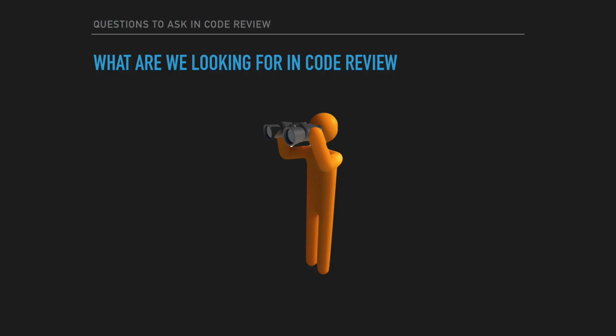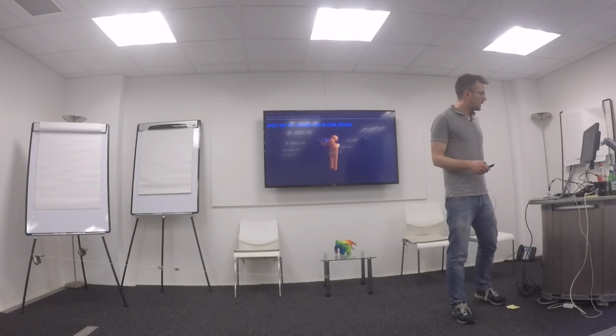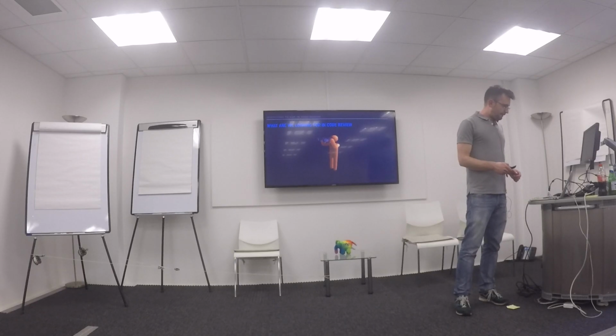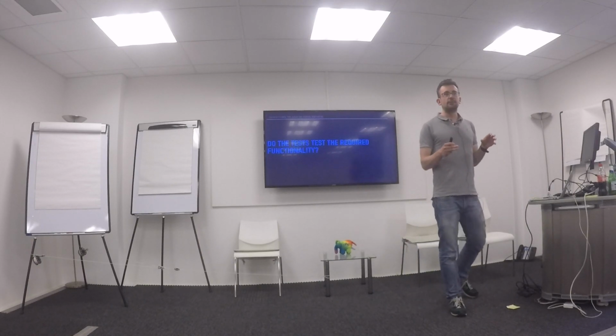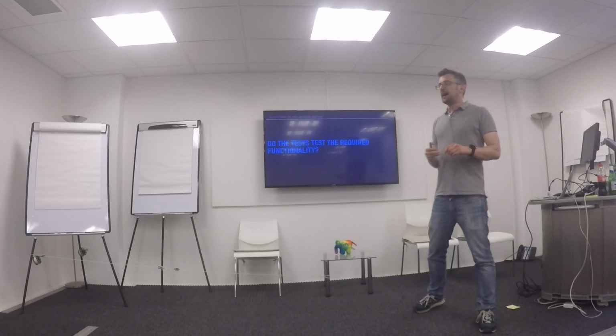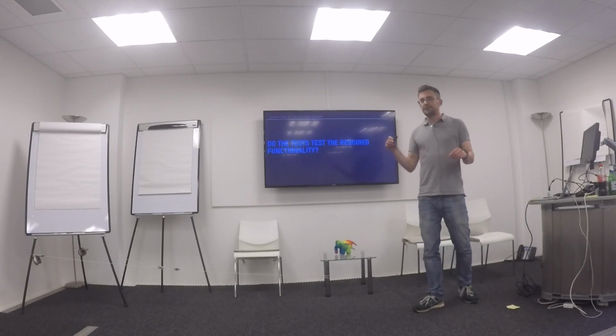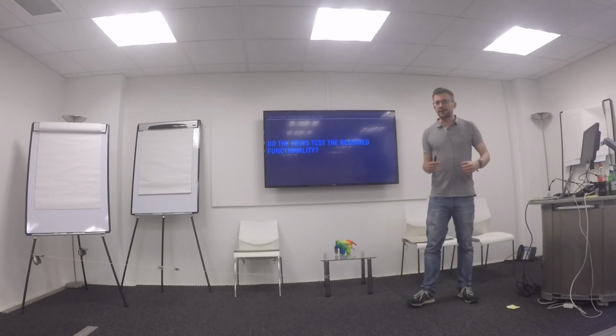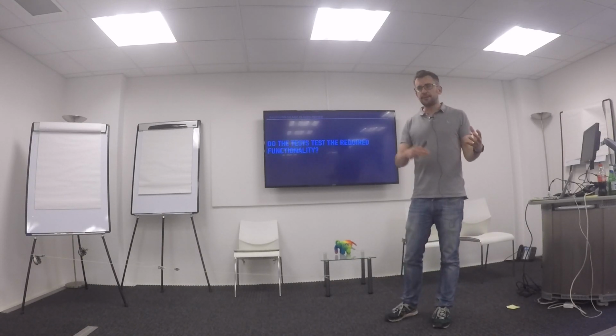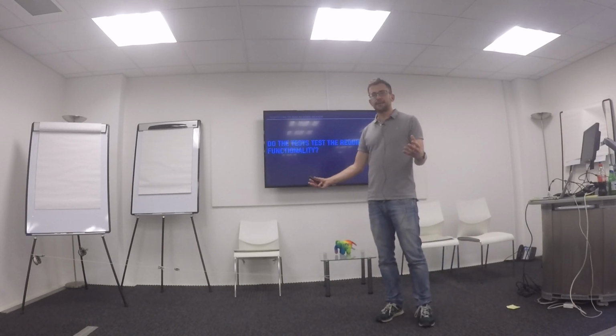So what are we looking for when we are doing our code review? Probably the most important thing, I think, is, are the tests actually testing what we're supposed to be implementing? The reason it's often easier to look at the tests is because in the tests you're expressing: this is our starting condition, this is what we're doing, this is my expected ending condition.